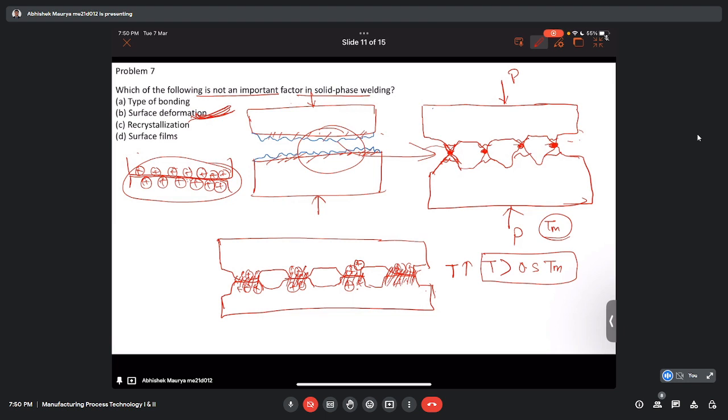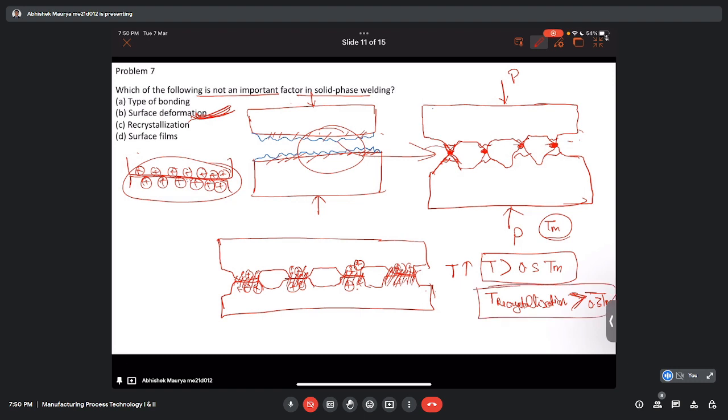But at the same time, if you remember, the recrystallization temperature of any material is normally about 0.3 Tm.